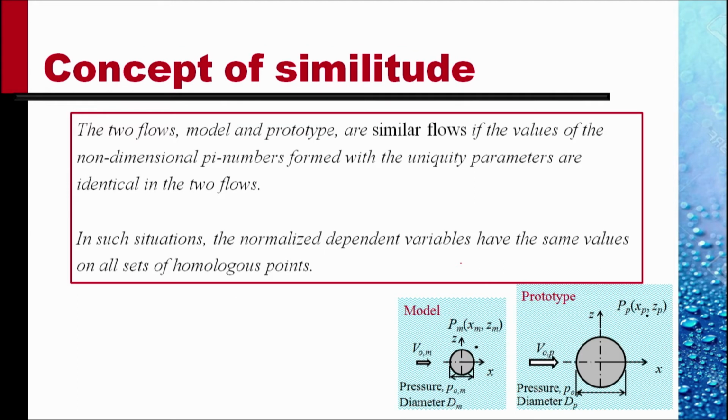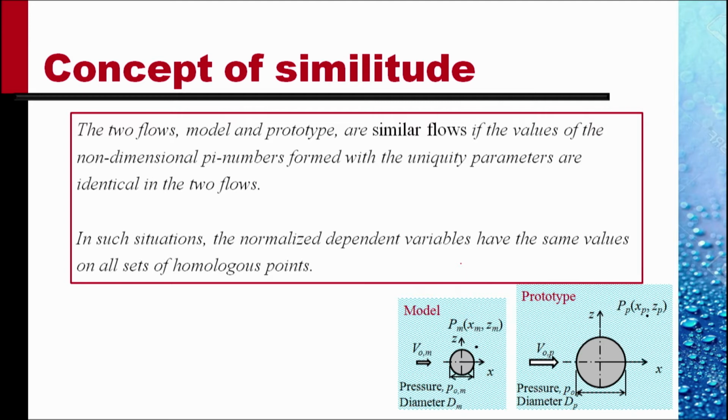We introduce the concept of similarity in the following words. The two flows, the model and the prototype flows, are similar if the values of the non-dimensional pi numbers formed with the independent parameters are identical in two flows.